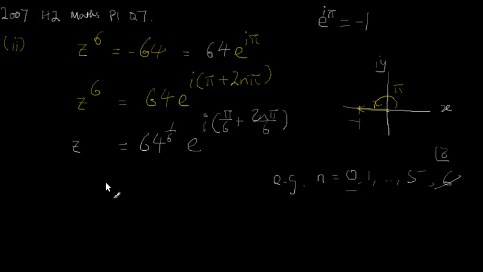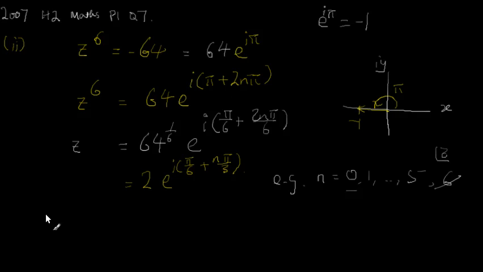Okay. Now, let me simplify that part. So 64 to the power of 1/6 is actually 2. So 2 e to the i, pi over 6 plus that would be n pi over 3. But there is a condition in this question.